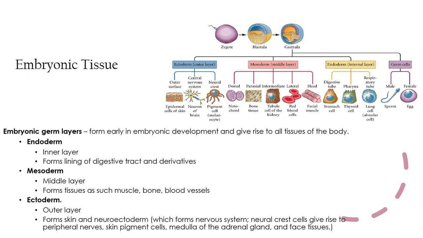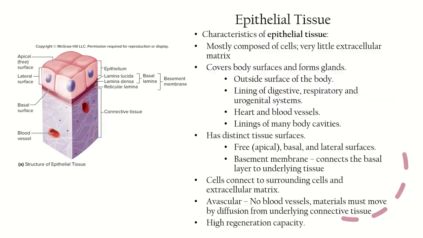This is your skin and your nervous system, giving way to peripheral nerves, skin pigment, and some other cranial attributes and tissues. But it kind of makes sense where the inner layer forms your inner organs, your middle layer forms middle organs and tissues, and then the outer forms outer layers like skin.